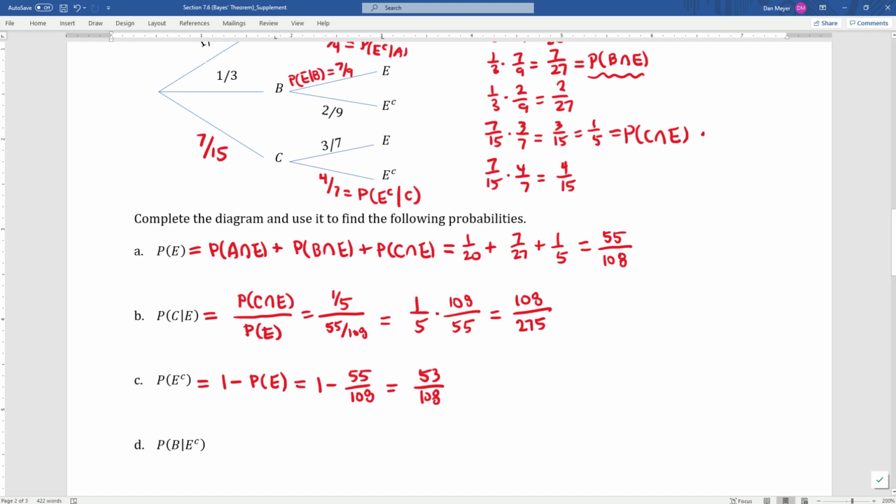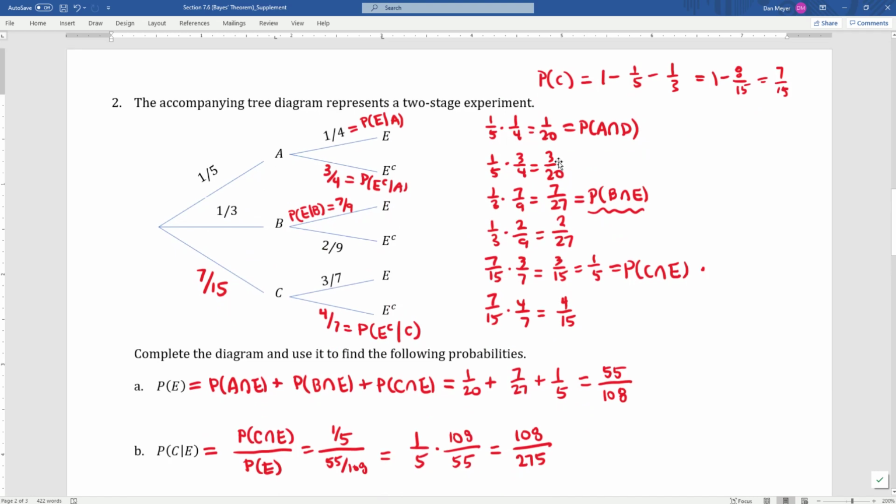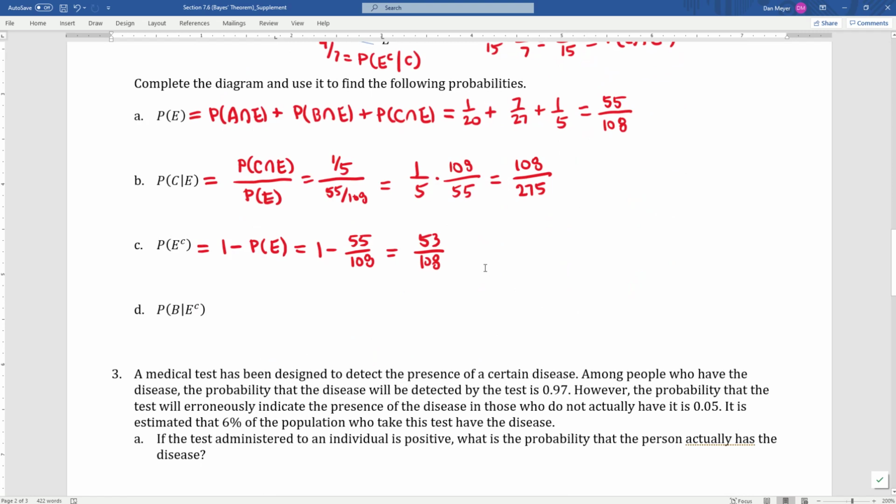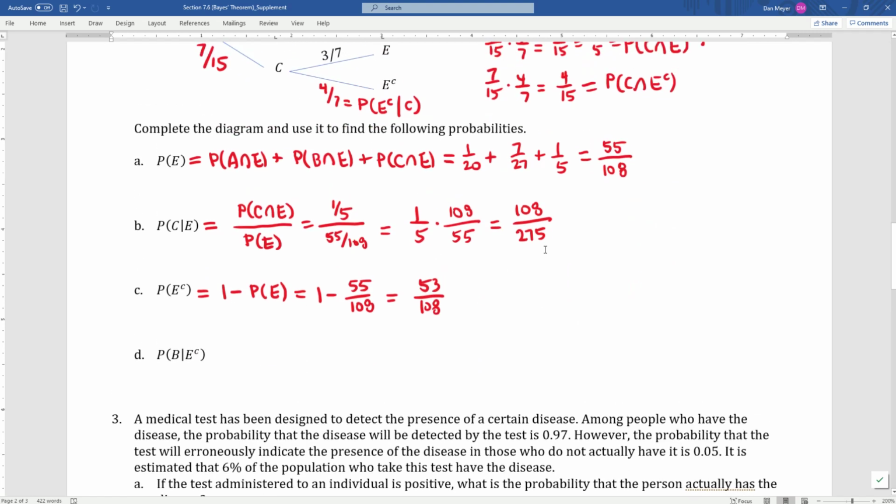You could have also looked at all of the events up here, this partition, the probability of A and E complement, the probability of B and E complement, the probability of C and E complement. You could have taken those and added them together, 3/20ths plus 2/27ths plus 4/15. You should get the same answer, 53/108.